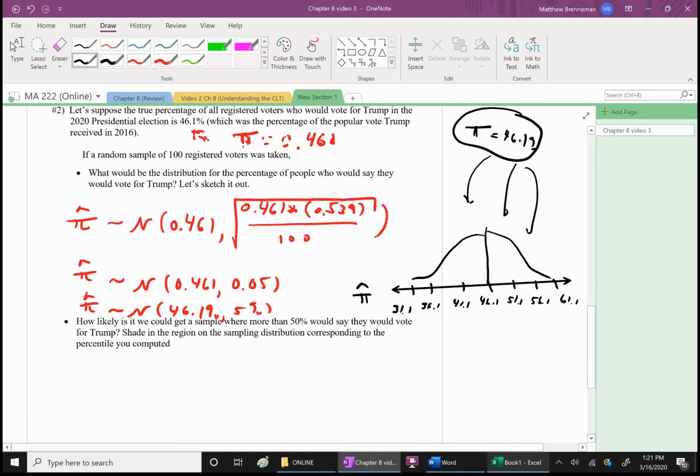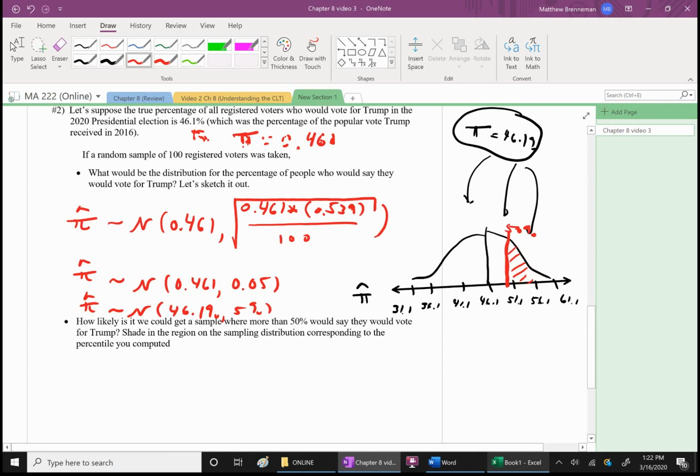So how likely is it that we got a sample where more than 50% of the people said they would vote for Trump? Well, we want the probability that the sample percentage is greater than 50%, right? So here's 50%. And the probability that I get a value greater than 50% is the area in the upper tail.